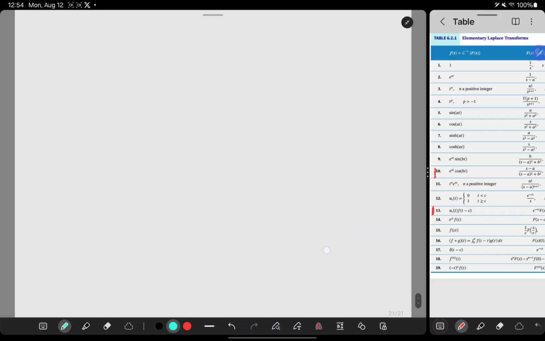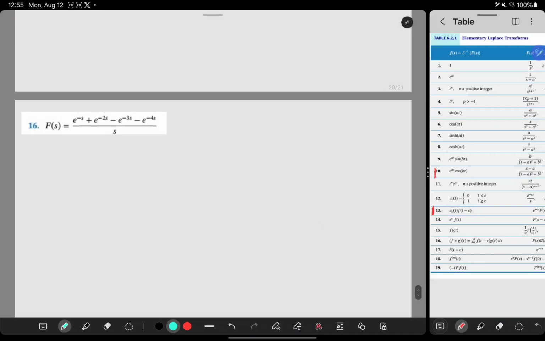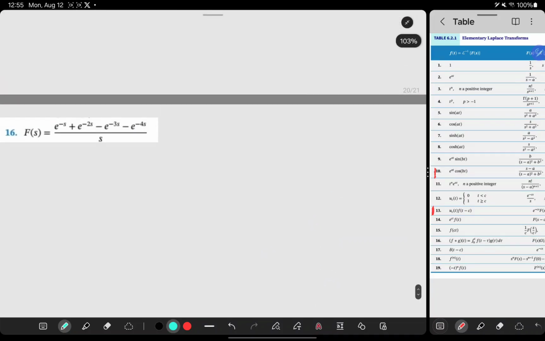Anyways, 16, last one. Oh, I see some. Oh, this is nice. This one's easy. Okay, so I'm going to rewrite this one, and maybe you'll see it then if you don't see it already.